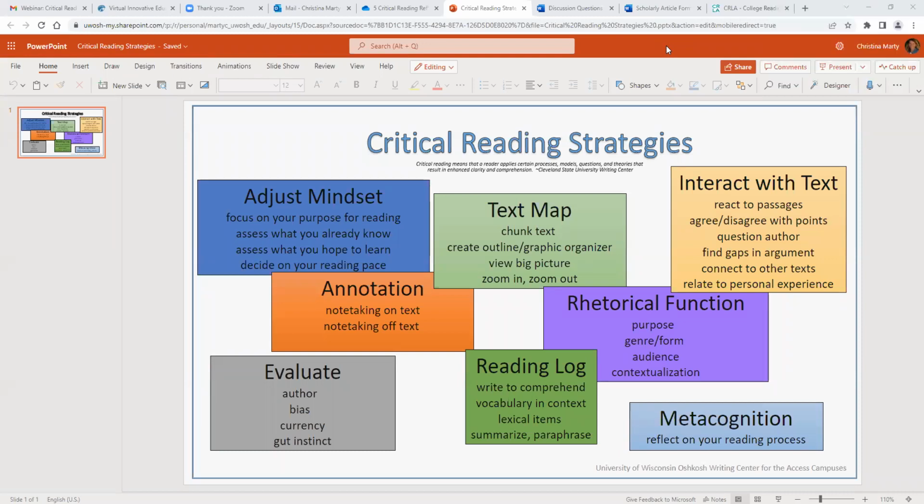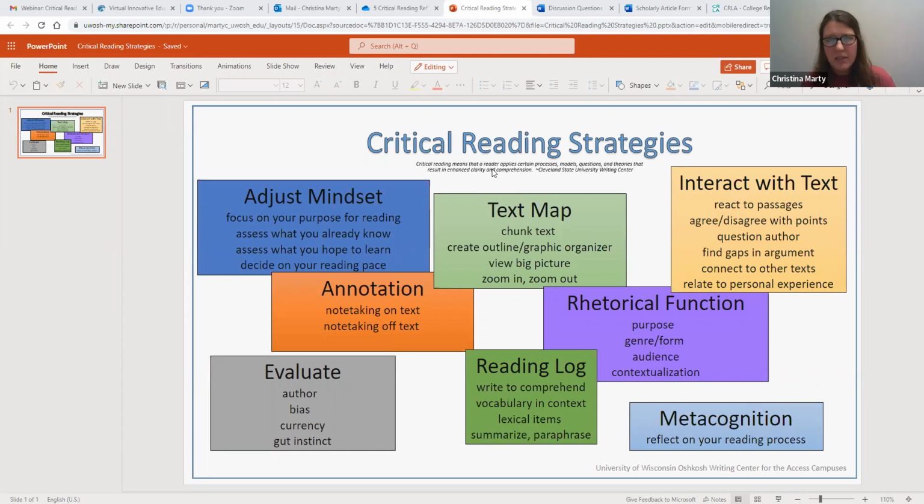Okay, we did have another question come in. How much class time do you devote to reading strategy instructions throughout the semester, at the beginning, etc.? I think specifically reading strategies, probably just one class, which is probably not enough, but like the rest of you, I'm sure you understand, in any class it's hard to get in everything we need to. Because the class is freshman writing, it's not a reading class.